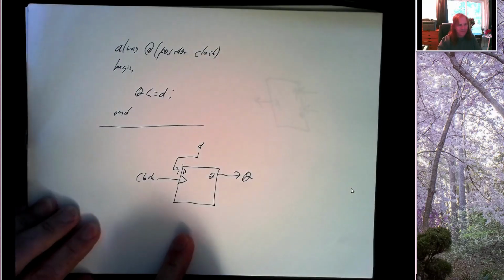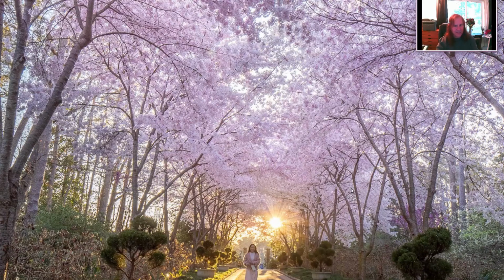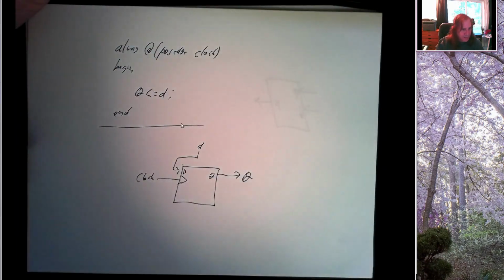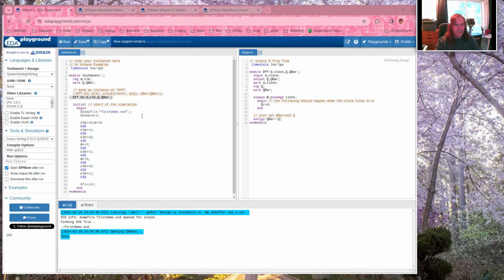So again, it's important when we're thinking about Verilog to think about what is being synthesized, right? What's the hardware look like that corresponds to this set of code? So let me make another copy of this, and let's look at a counter.